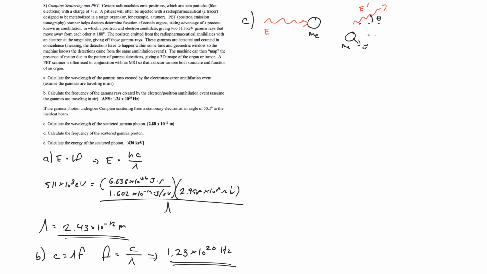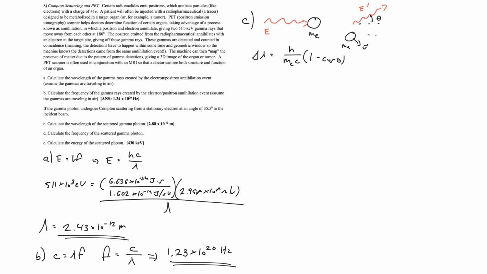So that's what's happening. And so we have our Compton equation, which is delta lambda equals Planck's constant divided by the mass of the target, in this case an electron, times the speed of light, times 1 minus cosine theta, which is the scattering angle.